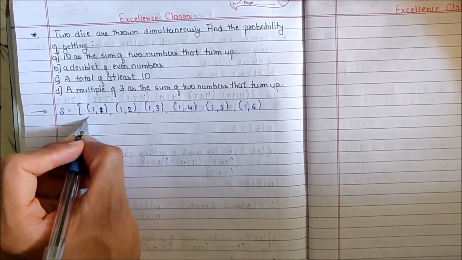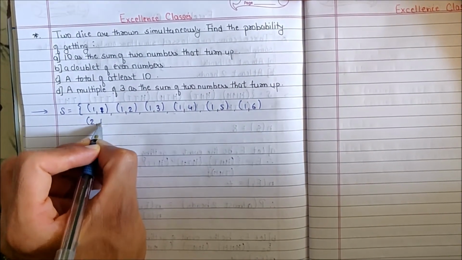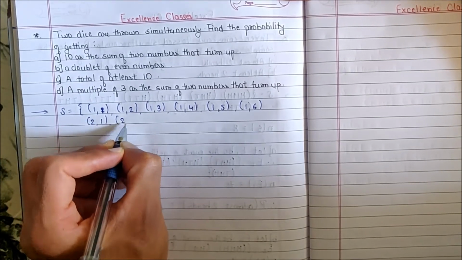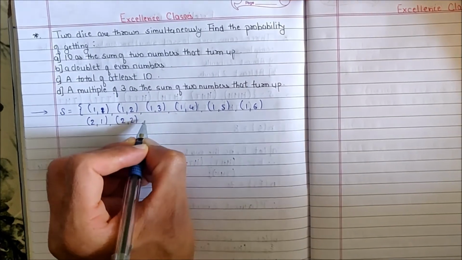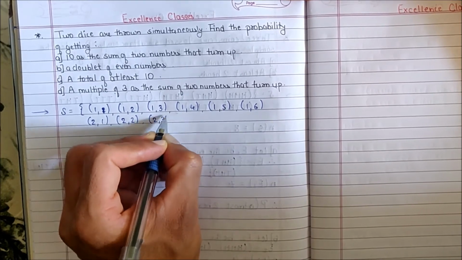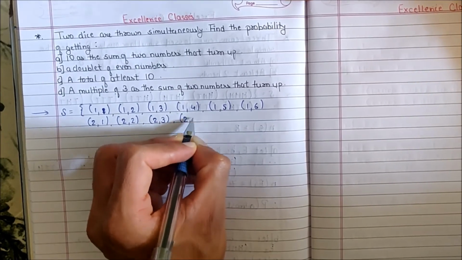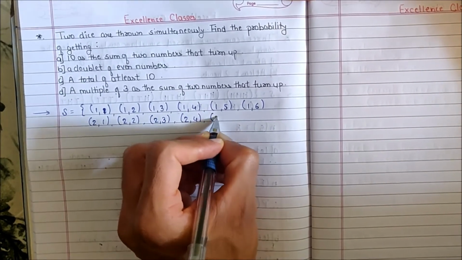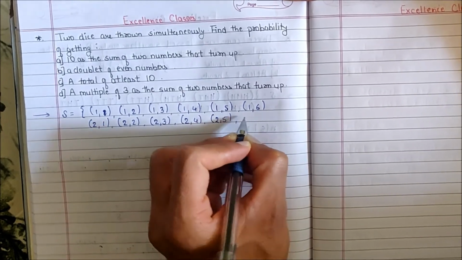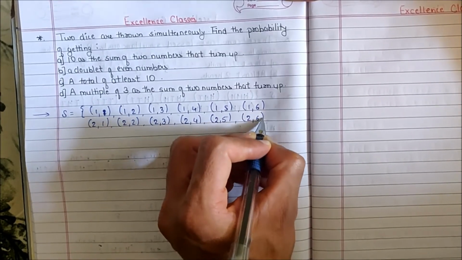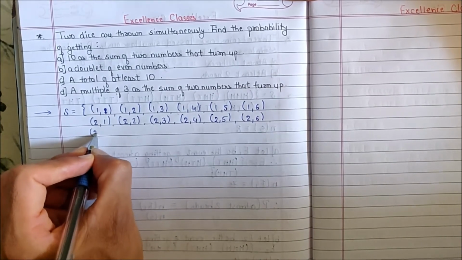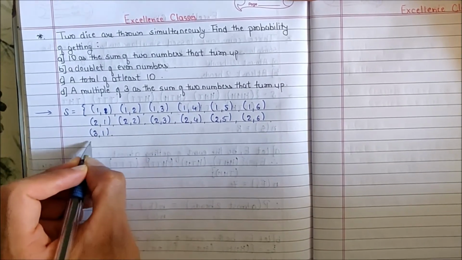Now pay attention. So 2 1, 2 2, 2 4, 2 5 and 2 6. Then the first die will show 3 1.